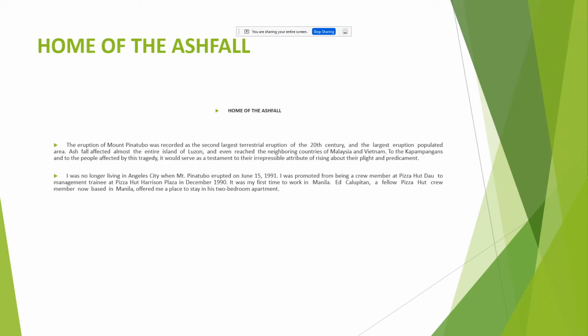To the Kapampangans and to the people affected by this tragedy, it would serve as a testament of their irrepressible attribute of rising above their plight and predicament.